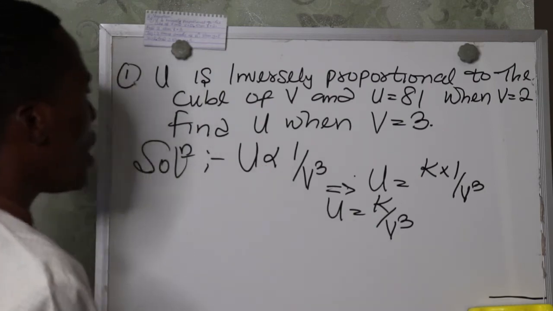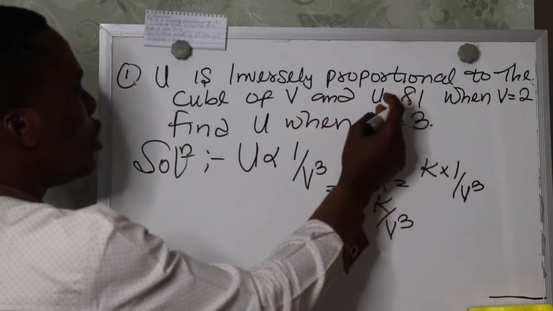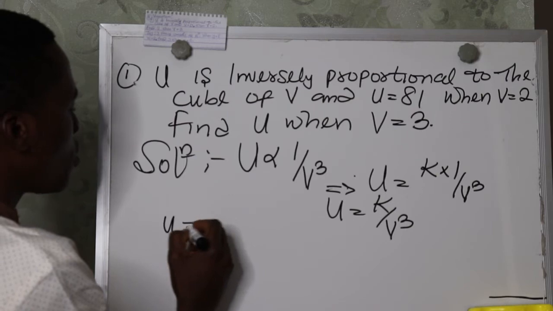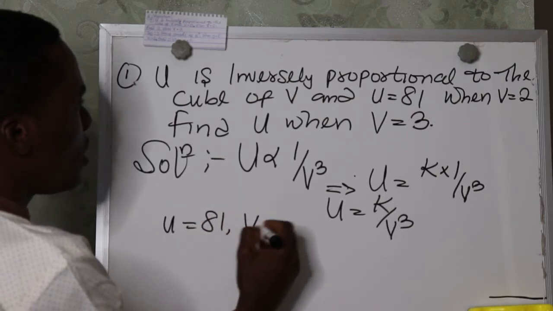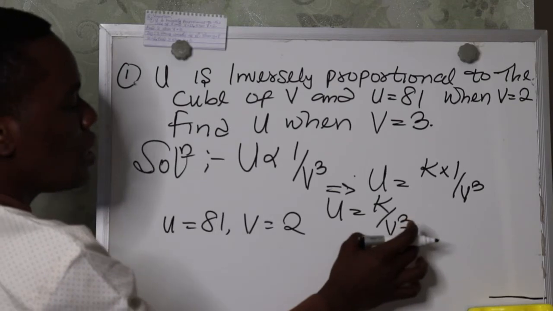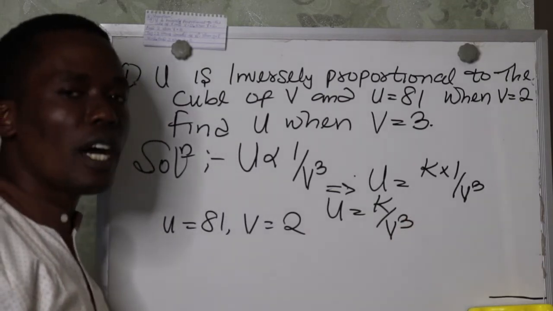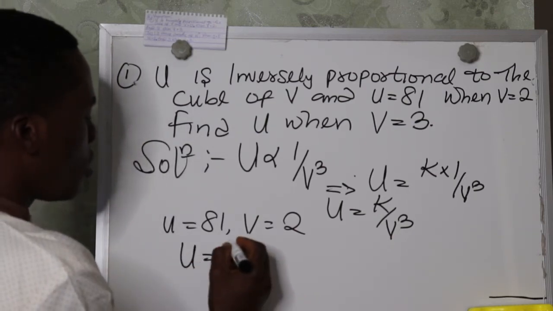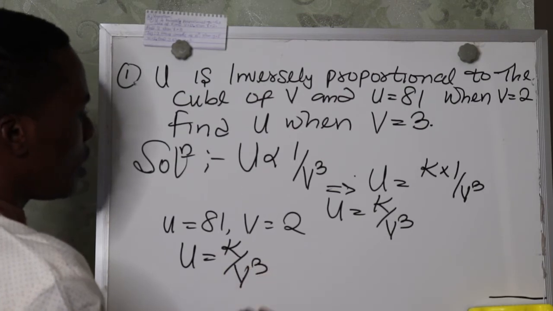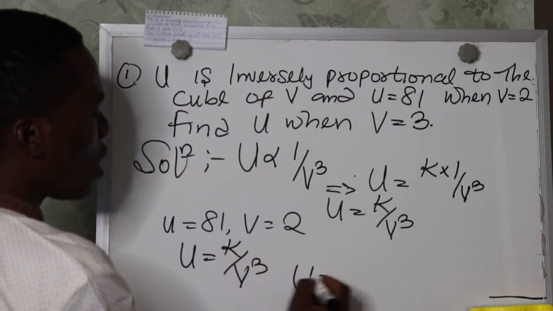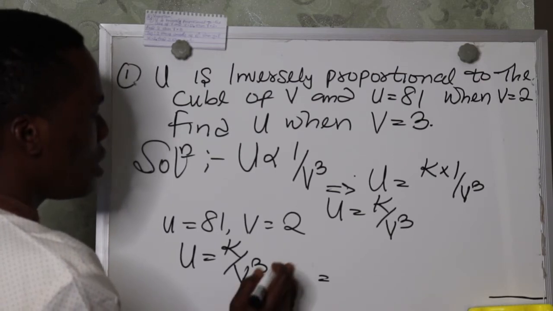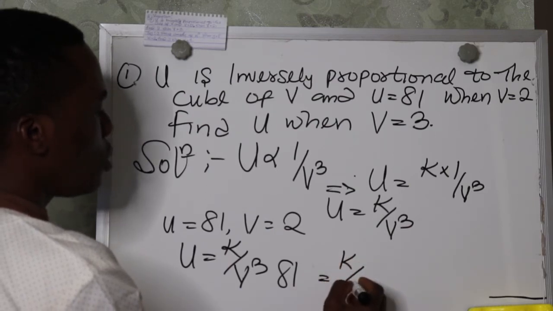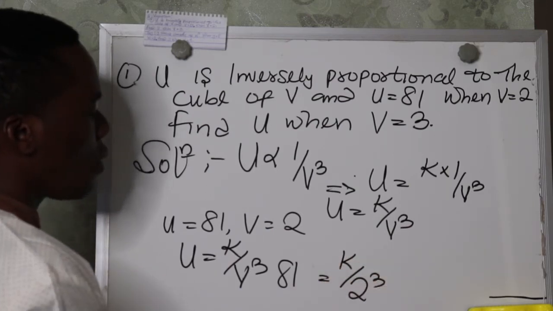Now, remember you were told that u is equal to 81 and v is equal to 2. When we have our u equal to 81 and our v equal to 2, we can insert this into the formula we've derived to find the value of k. So u, which is equal to 81, will be equal to k over 2 raised to power 3.